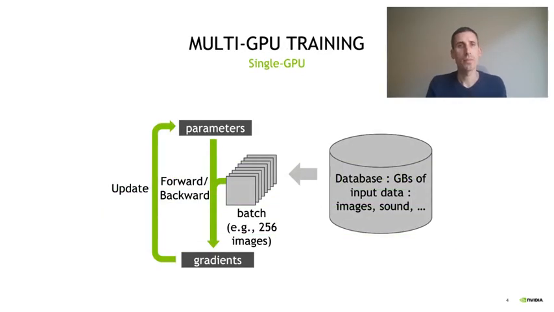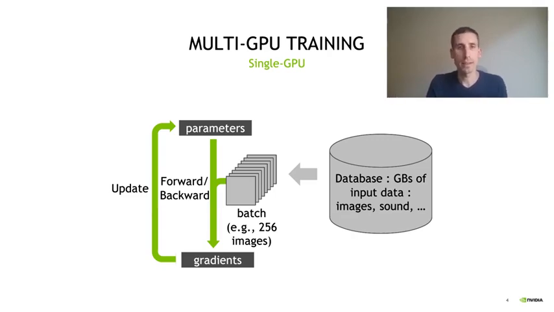So now let's look at how frameworks use NCCL to accelerate deep learning training. First, let's understand how deep learning training works. We have a neural network. That network has parameters, and our goal here is to make the parameters converge to the point where the neural network is doing what we want. To do that, we make it go through a database of lots and lots of samples.